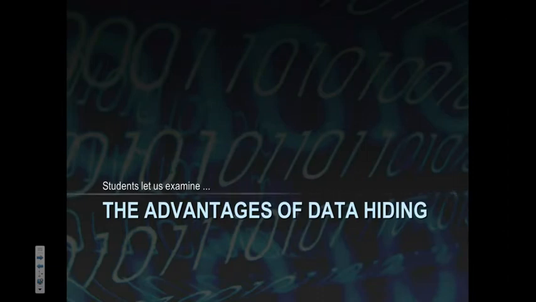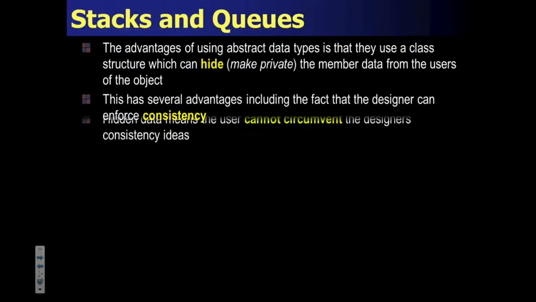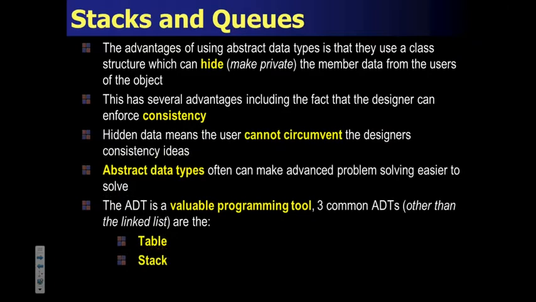But it seems like it does a lot of what the linked list does. But what I want to talk about now is the advantages of hiding features, hiding data from programmers and from the problem-solving process.